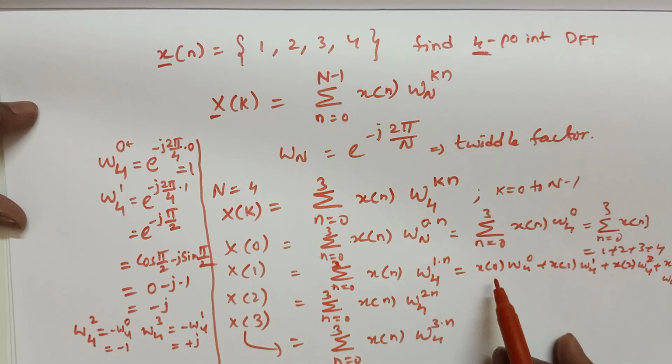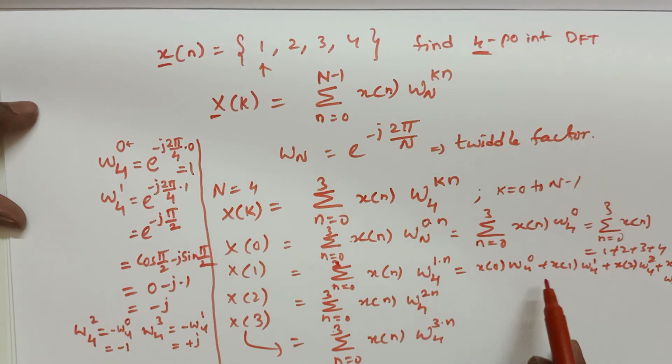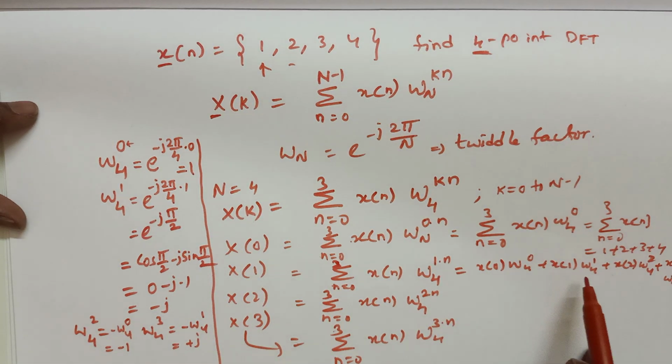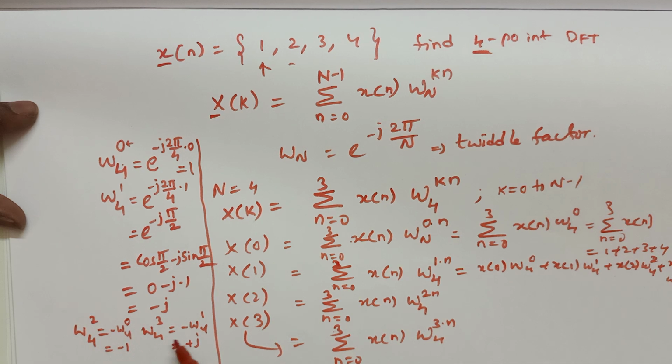We know x of 0 is 1, x of 1 is 2, x of 2 is 3, x of 3 is 4, and we know the twiddle factors W_4 power 0, 1, 2 and 3. We will substitute and simplify the real and imaginary parts, and we will get a complex value.